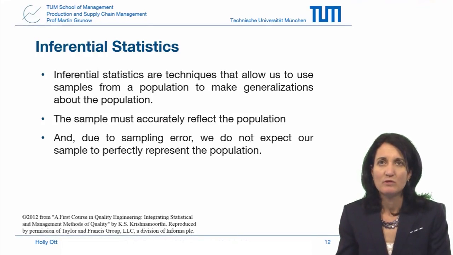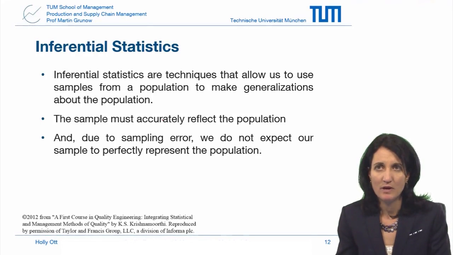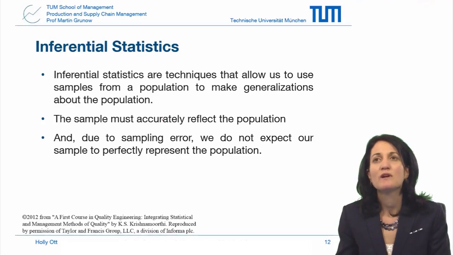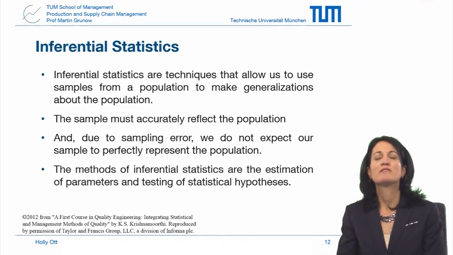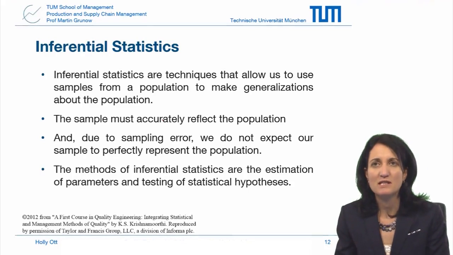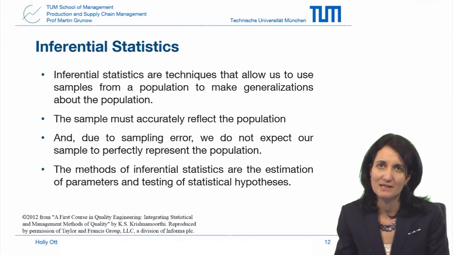The sample, of course, must accurately reflect the population, and we're aware that a sample is subject to sampling error. So we do not expect our sample to perfectly represent the population. The methods of inferential statistics are the estimation of parameters and testing of statistical hypotheses. And the next part of our statistics lectures will be concerned with these two inferential techniques.